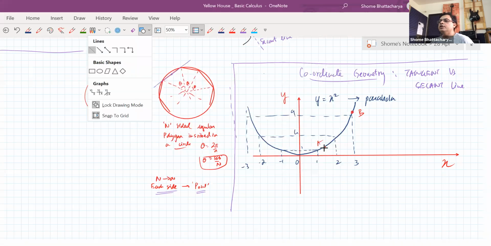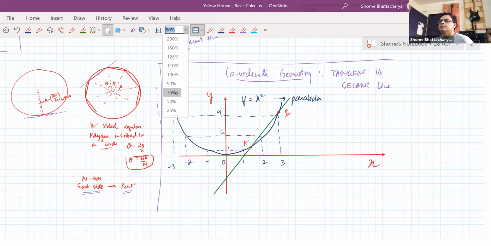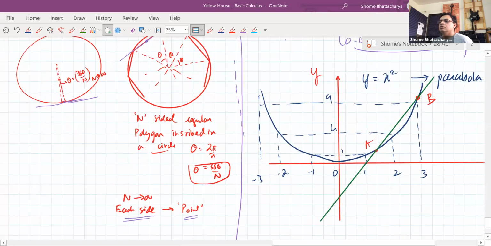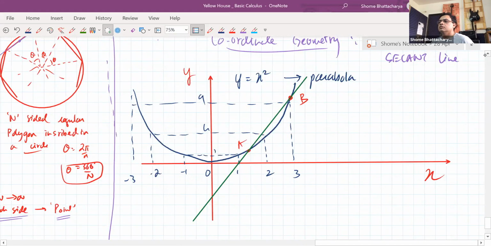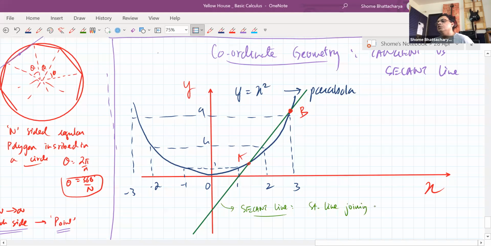It is just a line joining any two distinct points on a curve.